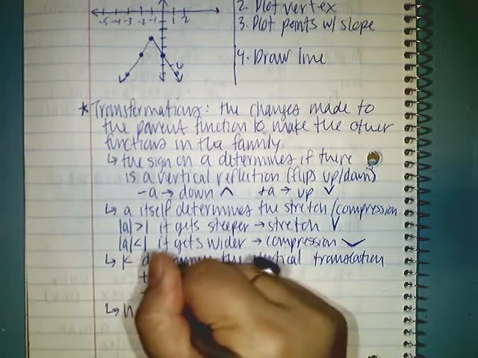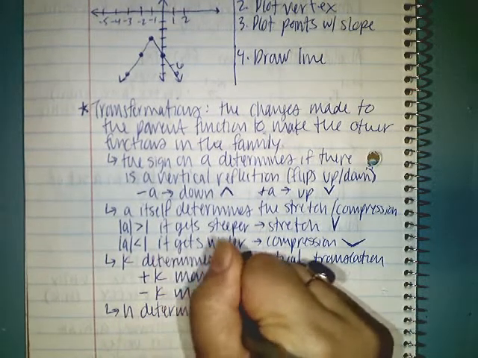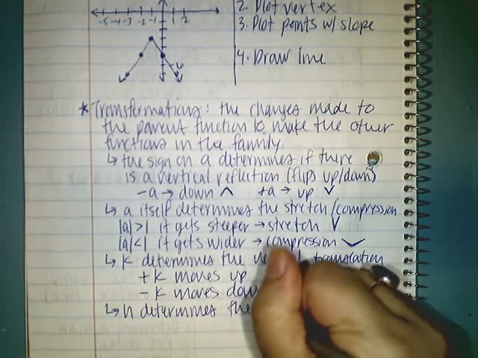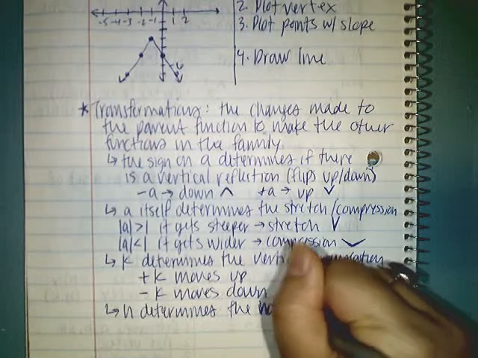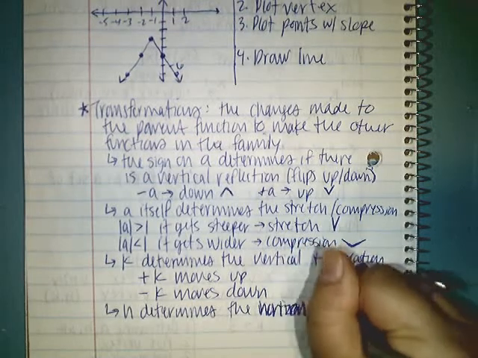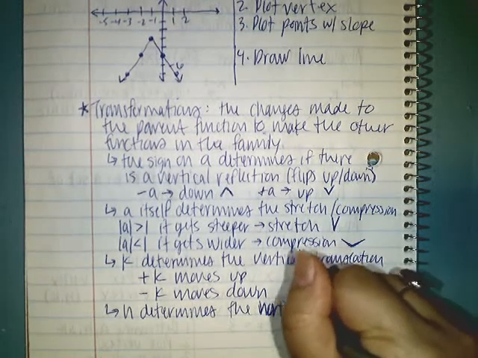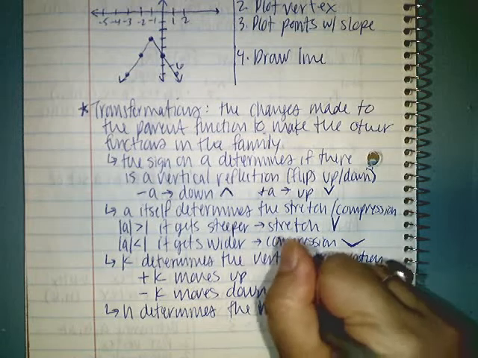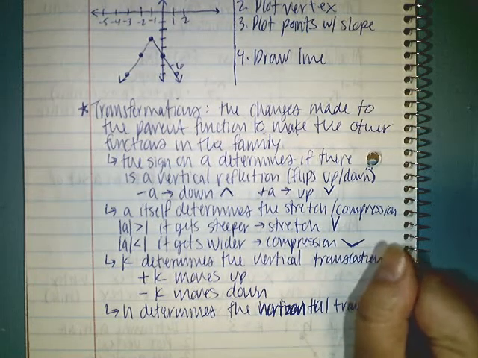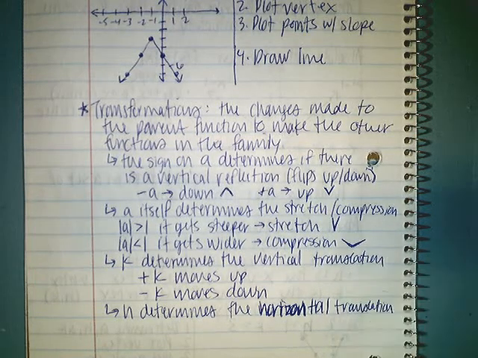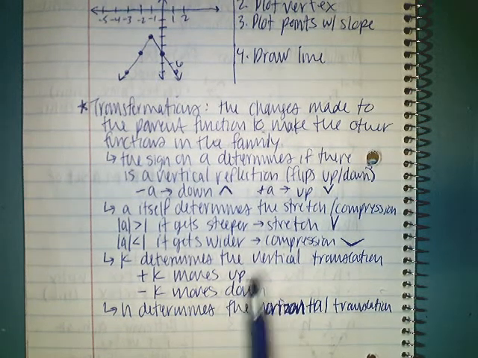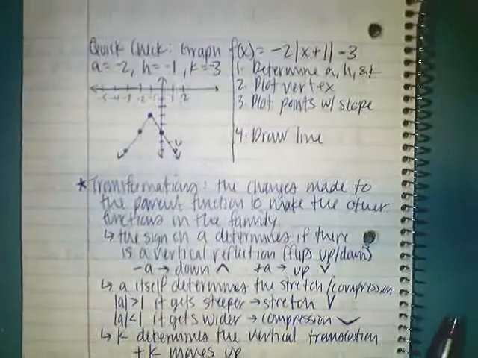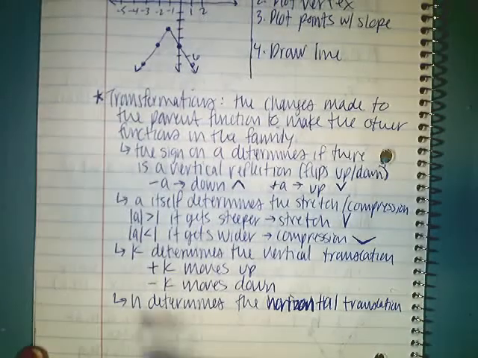The last one is H. So H also determines a translation. Sorry, horizontal this time though. Sorry, I wrote that wrong for a second. Horizontal translation. So H determines the horizontal translation. So since our equation starts with a negative H, it's kind of backwards.